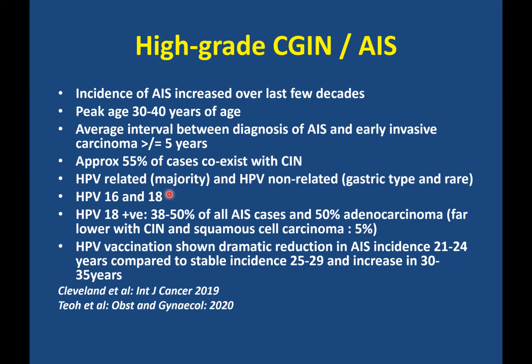With respect to those, about 38 to 50% of all high-grade CGIN or AIS cases are associated with HPV 18, and that rises to about 50% of invasive adenocarcinomas. But interestingly, when we look at HPV 18 positivity with CIN squamous cell carcinoma, only about 5% of those are associated with that. And of course, HPV vaccination has shown a dramatic reduction in the incidence of high-grade CGIN.